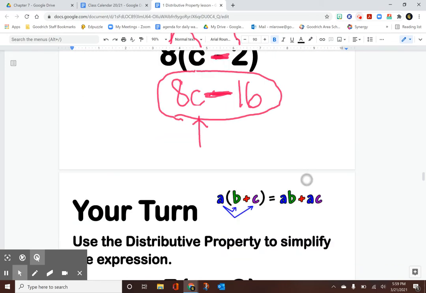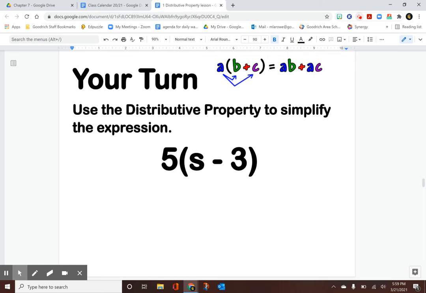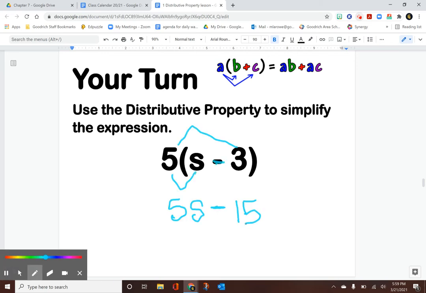Here's one for you to try. What's a simpler way of talking about 5 groups of s minus 3? We'll pause the video while you distribute. So 5 times s is just 5s, the simplest way to write it. Remember, that's still a multiply when the number and the variable are side by side.